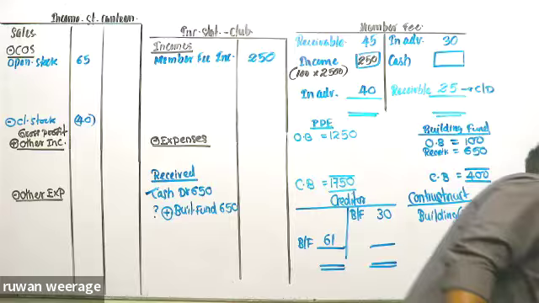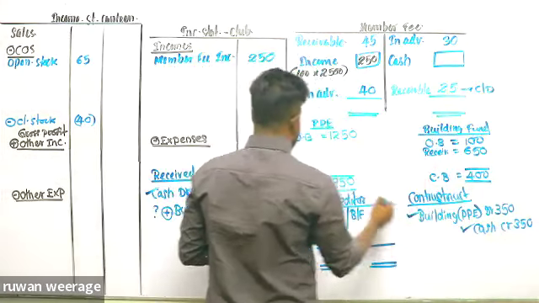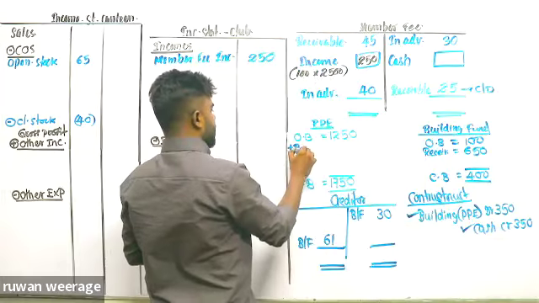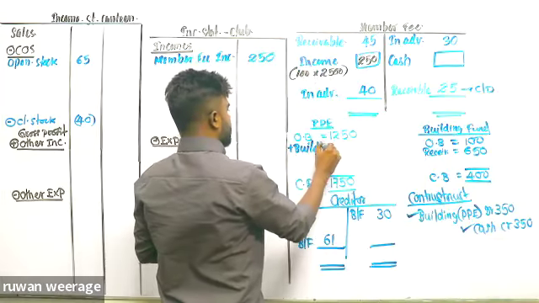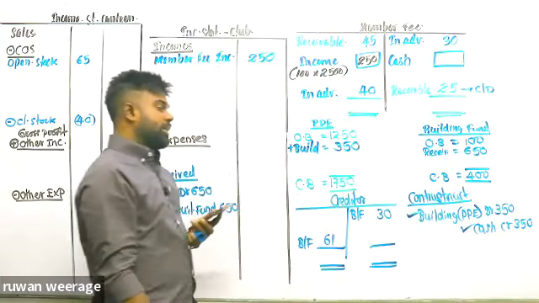Right? But my debit entry is debited to what? Property, plant, and equipment, the building. How much? 350. But what's the theory now?